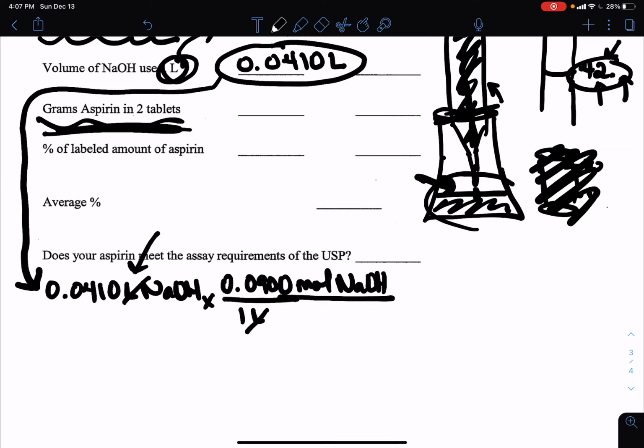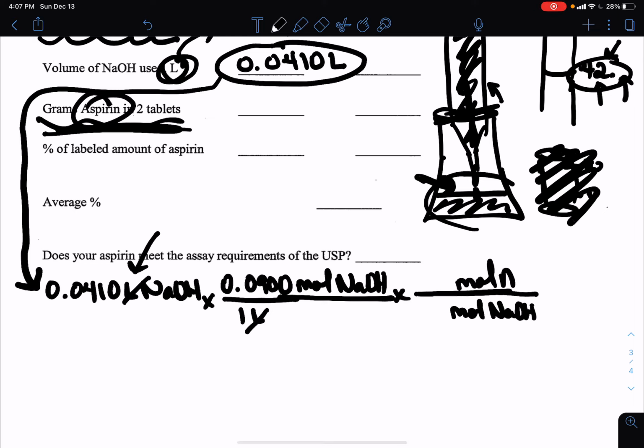Now I'm in moles. And whenever I'm in moles, I can do a multimole ratio and go from one substance to another substance. So let's put moles of NaOH down here because that's what we want to get rid of. And where do we want to go? To which substance? Aspirin. So let's put moles of ASA, for acetylsalicylic acid, which remember is aspirin.